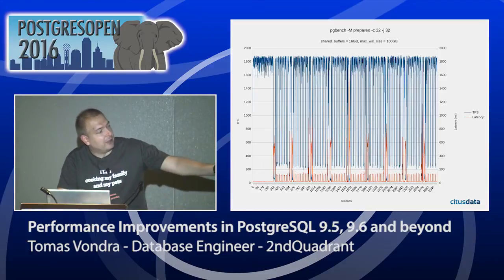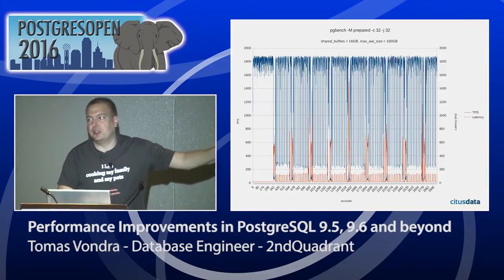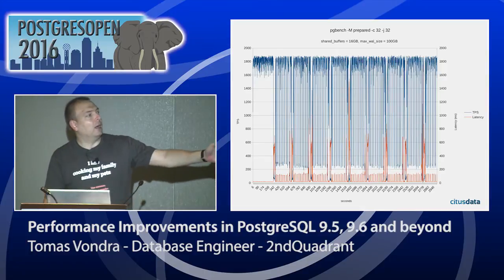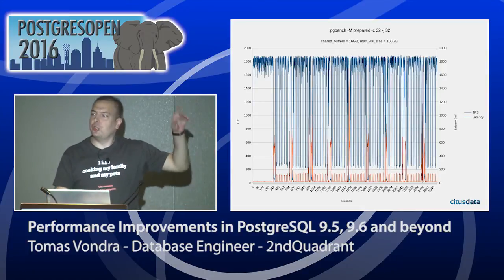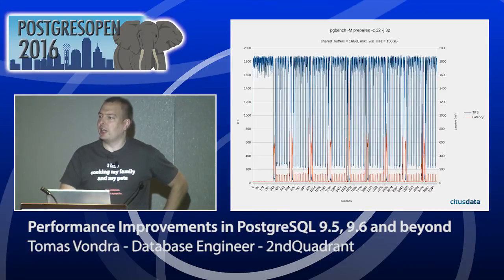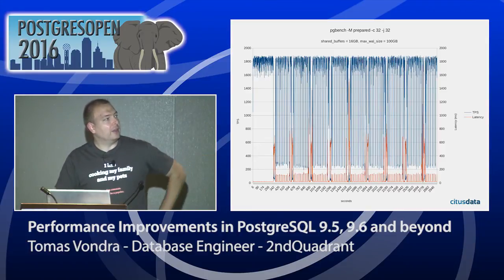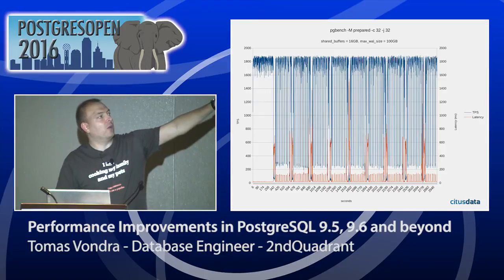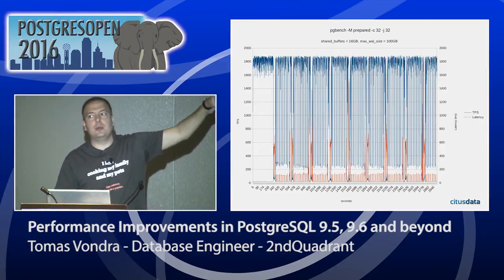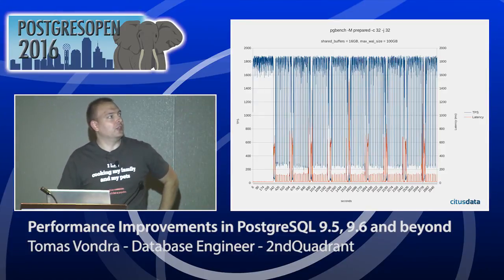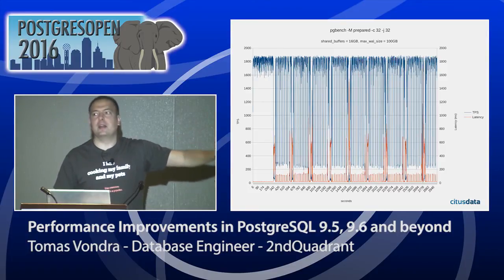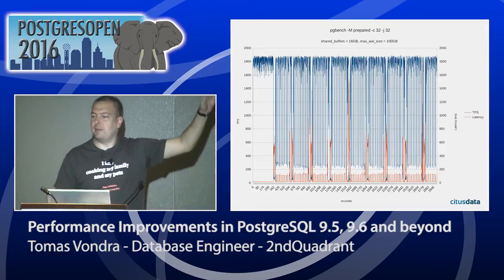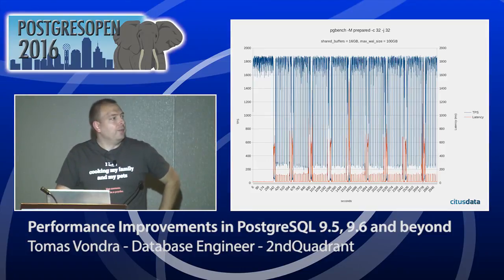You can see that after the first 5 minutes, which is the default checkpoint timeout, the database started to do a checkpoint, which results in huge changes in transactions per second. And that's the blue line. You can see that from like 1,800 transactions, it drops to like 400 or even below that, and then gets back, and down and up and down, and so on.